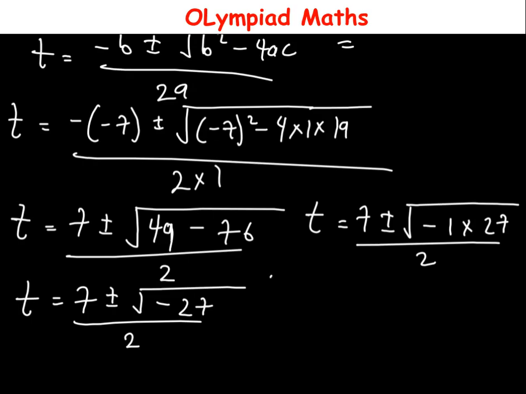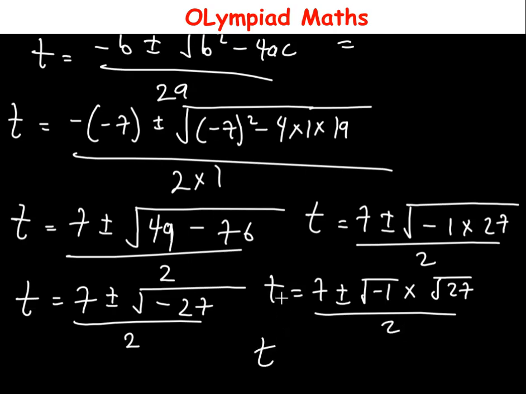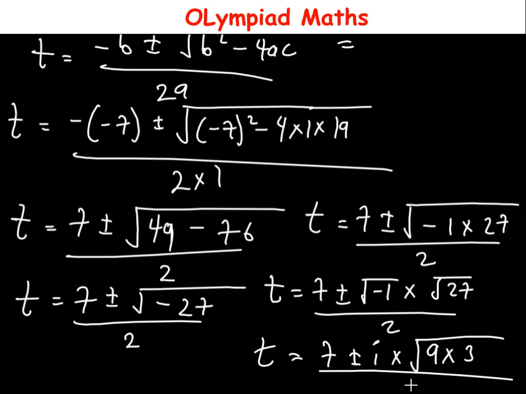With this, we have t is equal to 7 plus or minus square root of minus 1 times square root of 27 all over 2. From here, t is equal to 7 plus or minus square root of minus 1 is i times square root of 27, which can be written as 9 times 3, all over 2.